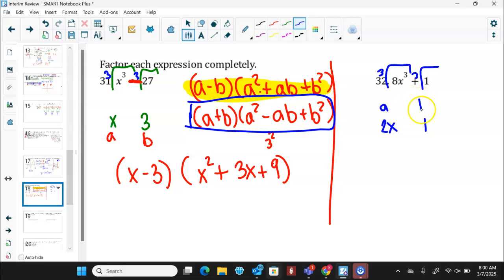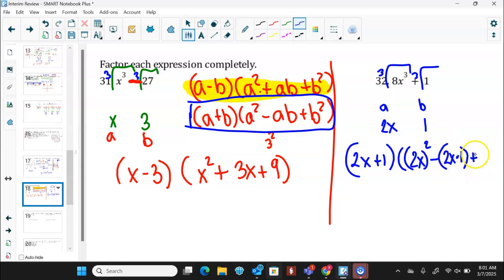So again, this is your a and this is your b. You're going to use the second equation, so it's going to be 2x plus 1 now. Then you're going to square the 2x. So I'm going to write this one out: opposite sign, multiply 2x times 1, and then positive b squared, which is 1 squared. Okay? Now remember that when you square, you're going to apply this to both.